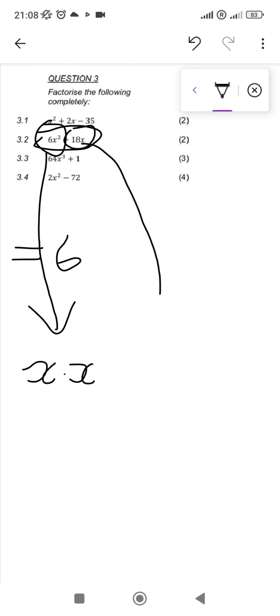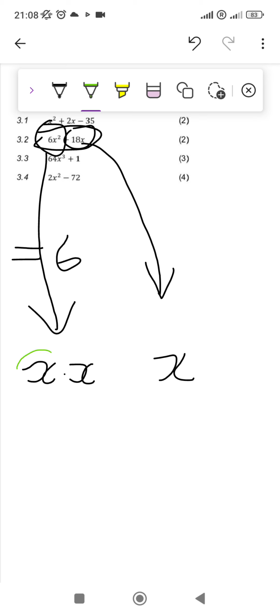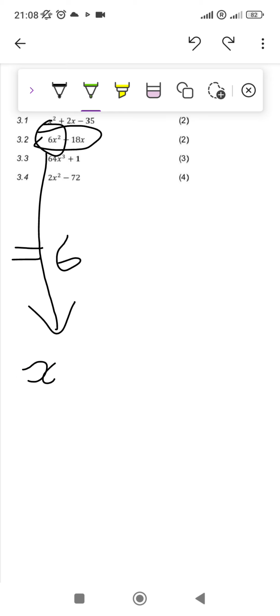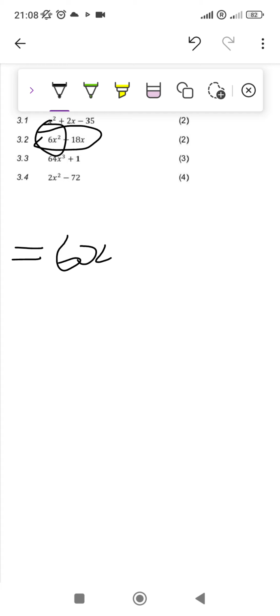So the highest common factor between those is the x, because that appears in both of them. Great. Okay, so our highest common factor is not only the 6, but the x as well. Okay, so 6x, that's our highest common factor.